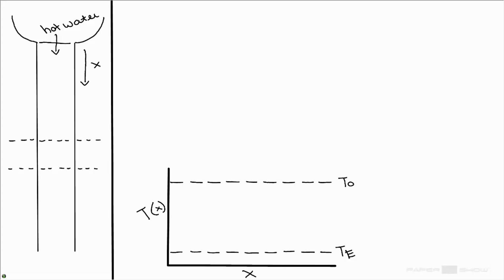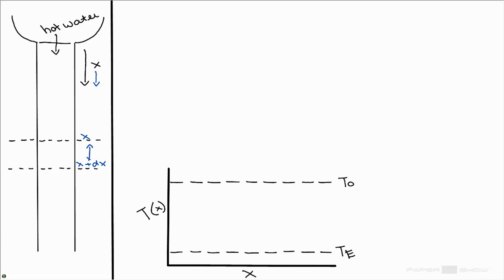At the left side I've drawn a sink and your pipeline where we have x in this direction and water is flowing that way. What we are going to use is a microbalance, since again we are interested in making a temperature profile. I'm taking a slice from x to x plus dx.